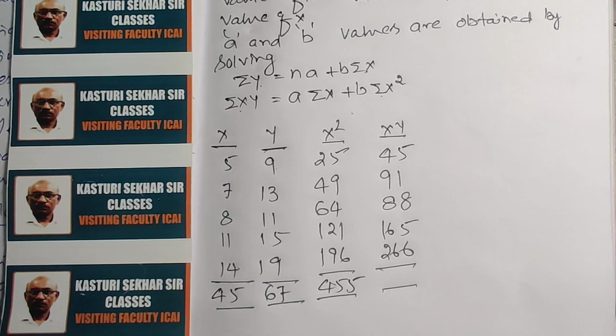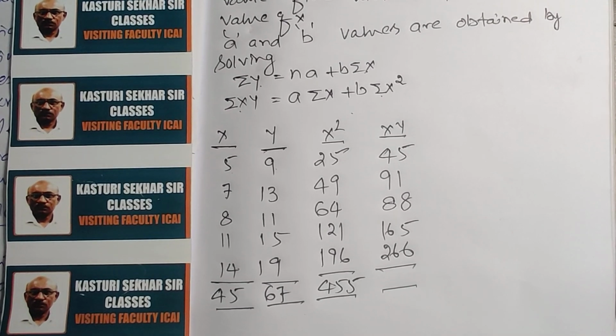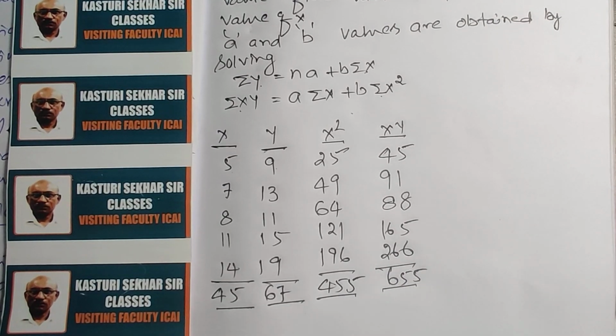Let me get the total of this. 266 plus 165, 88, 91 plus 45. This is 655.